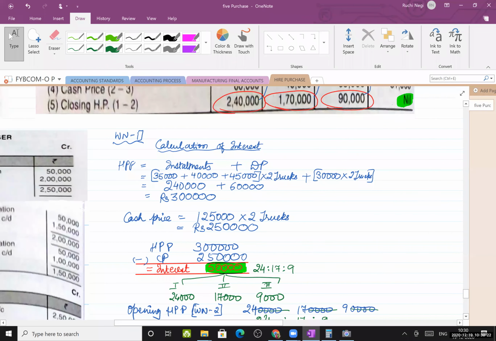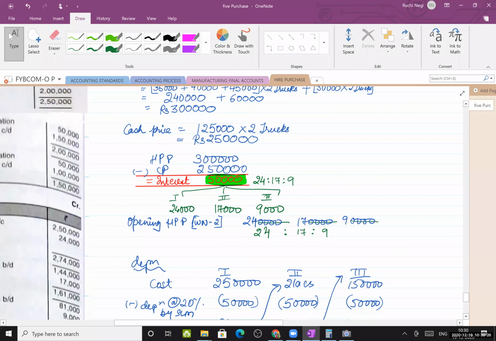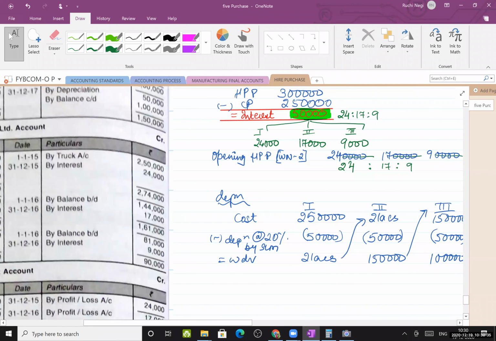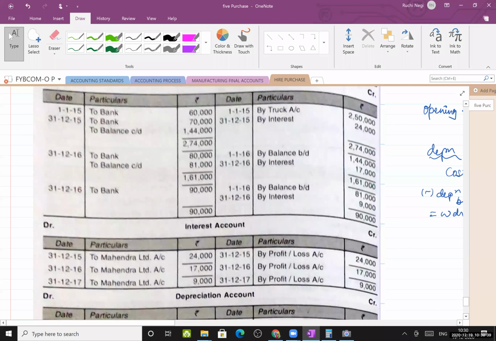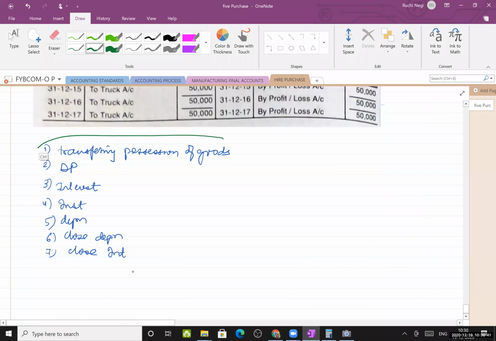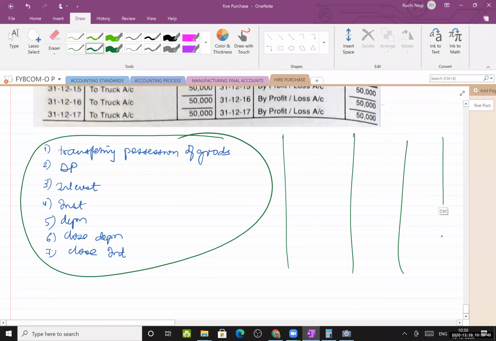Fine? And these are your steps on the basis of which you will pass journal entries for 3 years.